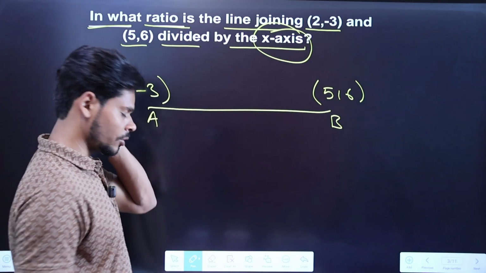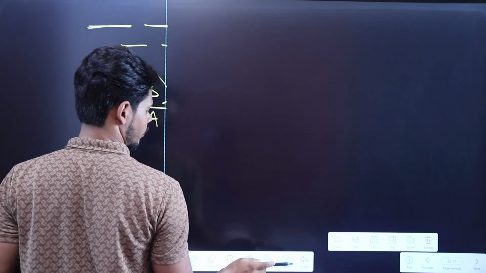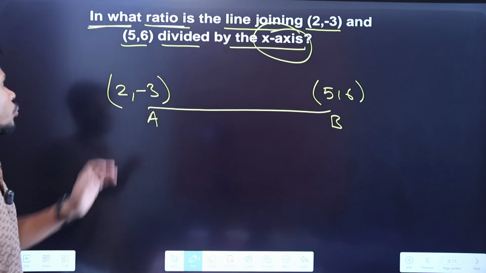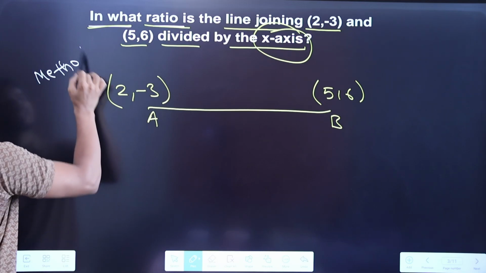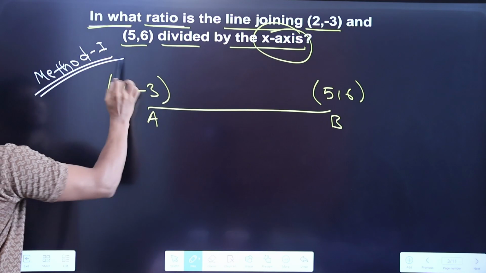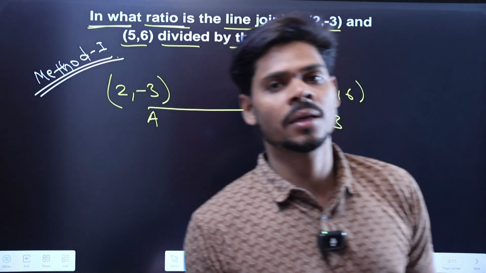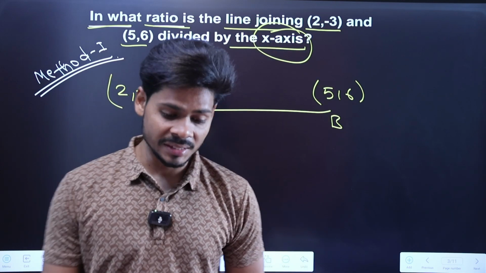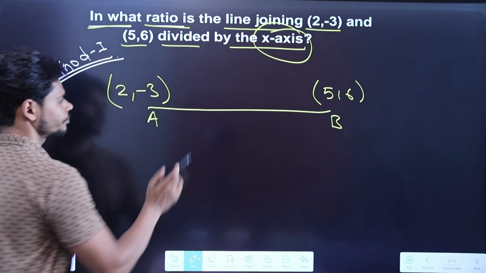I already told you I am going to explain this question in two ways. So this is method 1. You are going to use method 2 to write the answer in your examination or school test paper. The reason you will get to know in just some time.